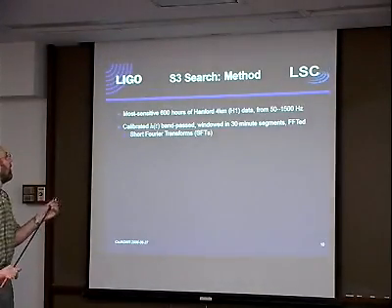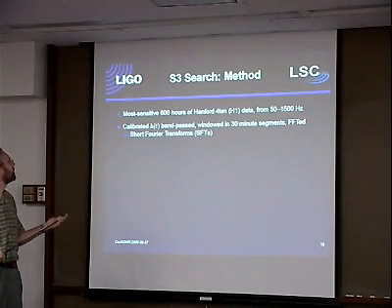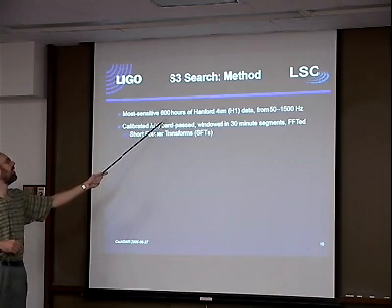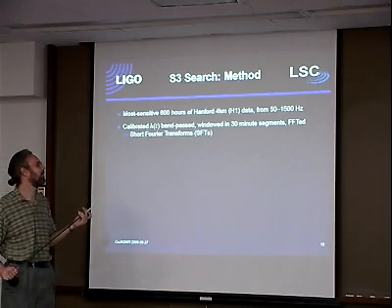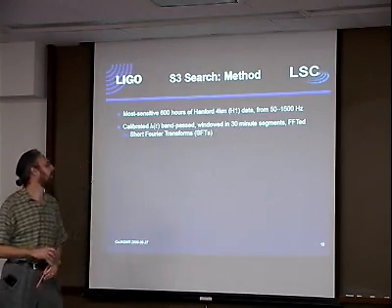So let's talk about the S3 search, going back to the one that we actually have results for. This was a search of the most sensitive 600 hours of Hanford 4-kilometer interferometer data over a range of frequencies from 50 to 1500 hertz.